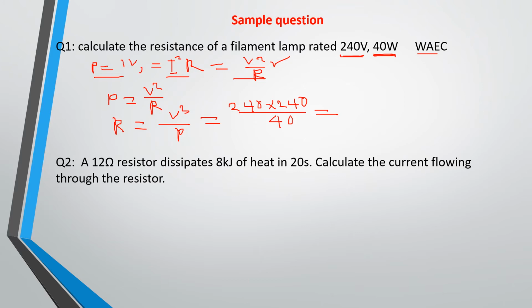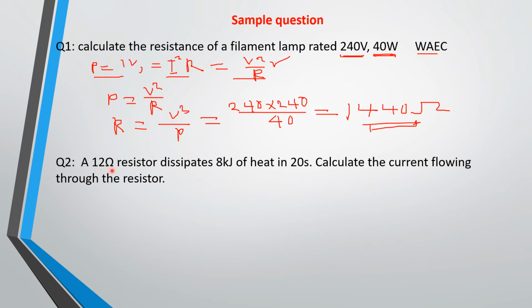When you do that division, you are going to have 1440 ohm as your answer. Okay, so I hope that one is simple to apply. But what you need to do is to try to remember all the equations. You see the way I brought them out, so I can easily pick the one that relates the variables that I'm given in this particular question. Is that okay? So let's also look at this one.